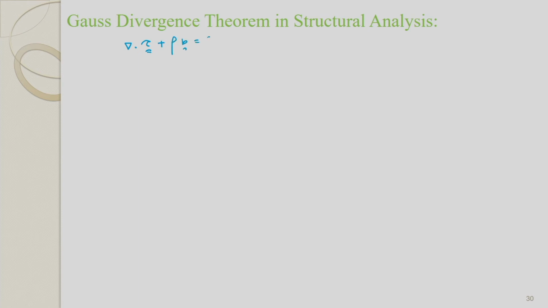So, this is the governing differential equation in domain omega, where tau is the stress tensor, this is one second order tensor, B is the body force per unit mass, rho is the density.